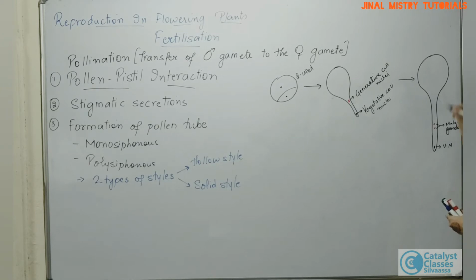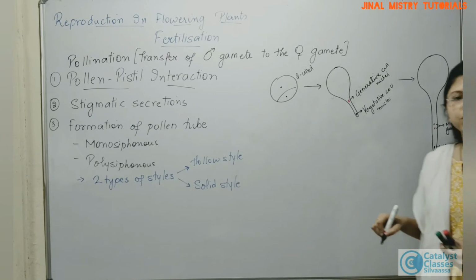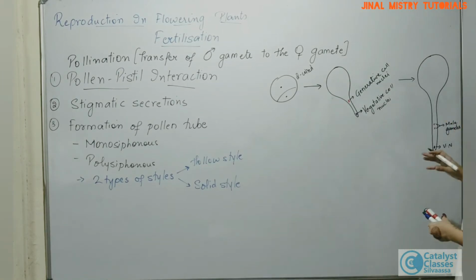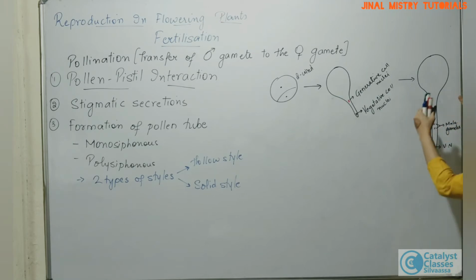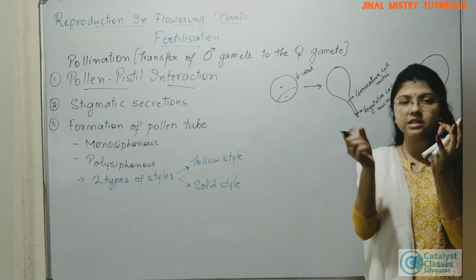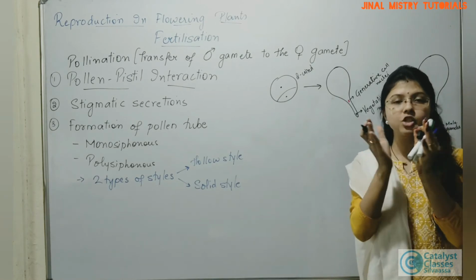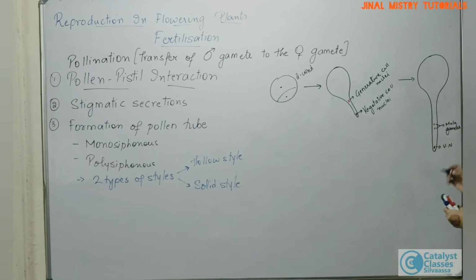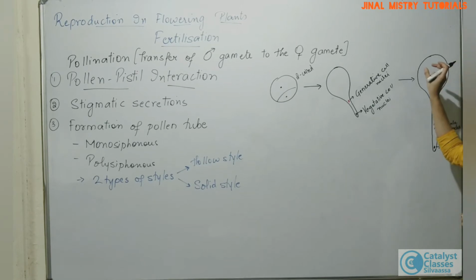Now, when the pollen tube forms in a hollow style, there is no error required. But what can happen is, when it is passing through the conducting tissue, there are chances that because of the nearby cells, the gametes and the nucleus get squeezed, because there are many cells present in the surrounding. If it is being pressurized by the surrounding cells, the nuclei can be shifted back into the structure of the pollen grain.